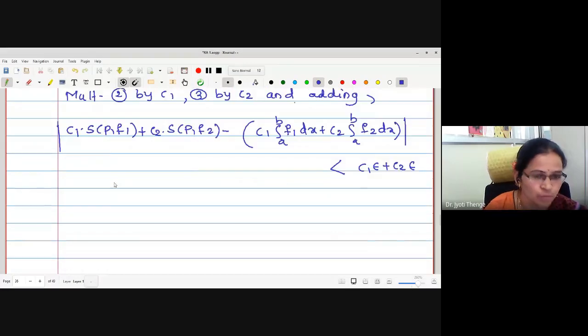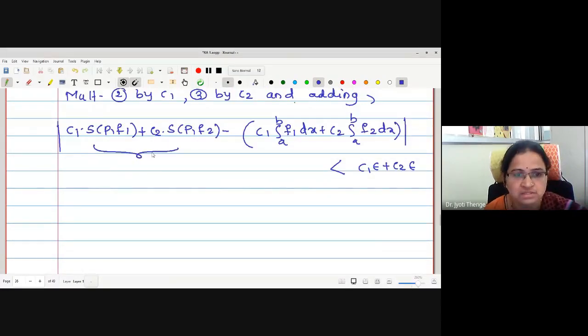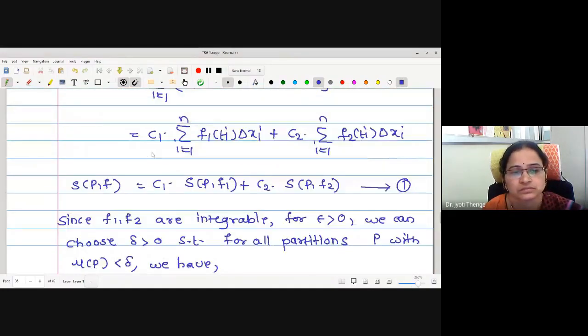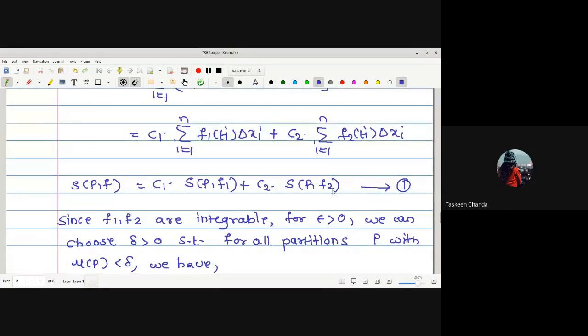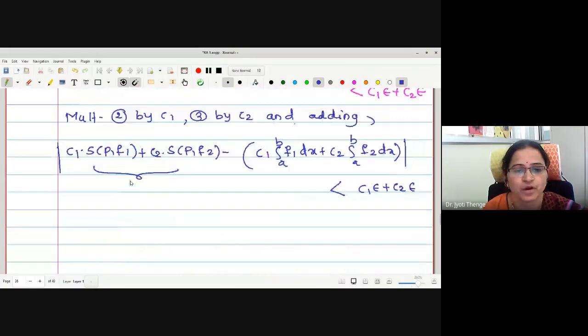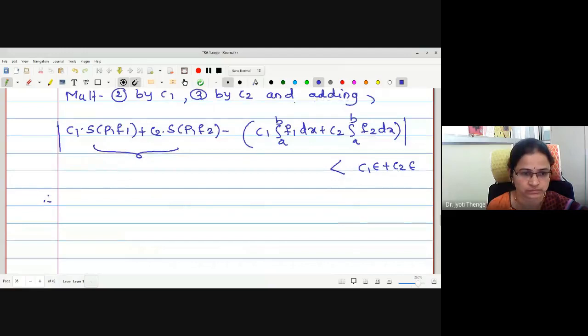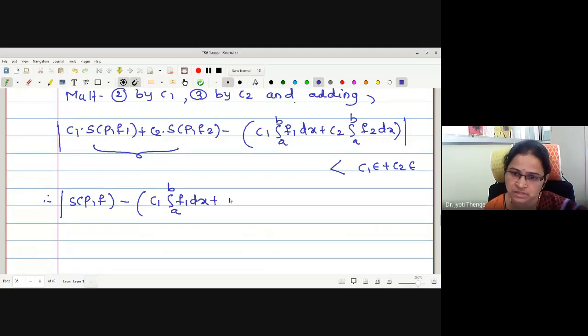But what is this value? c1 S(P, f1) plus c2 S(P, f2) is S(P, f). So modulus of S(P, f) minus the bracket c1 integration a to b f1 dx plus c2 integration a to b f2 dx is less than c1 plus c2 times epsilon.